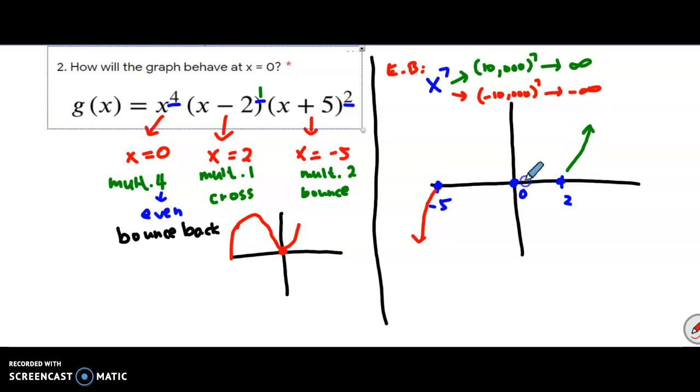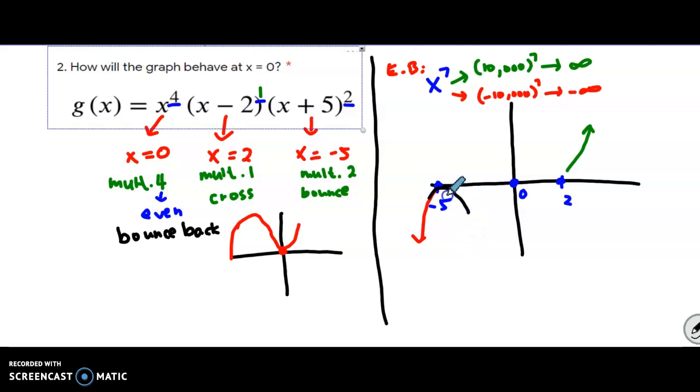All right. Now we use our multiplicity and our descriptions of what's going on. At -5, we have a bounce. So that means it's going to go here, it's going to hit this -5, and then it's going to bounce. It's going to come back down.